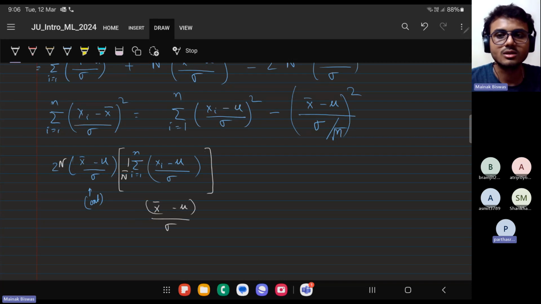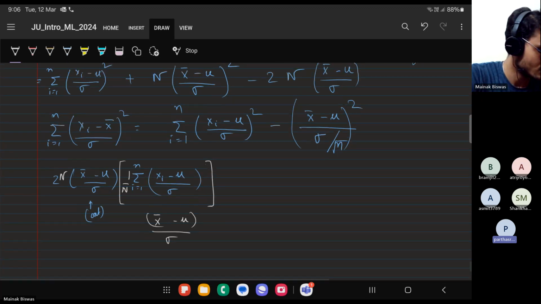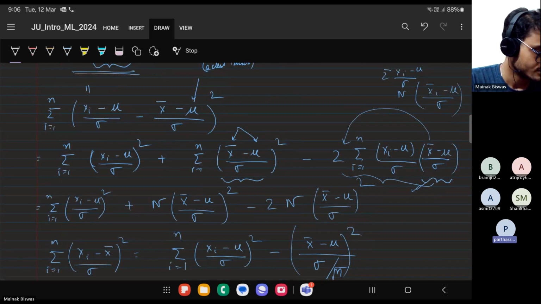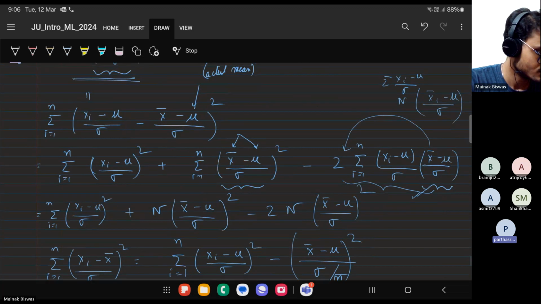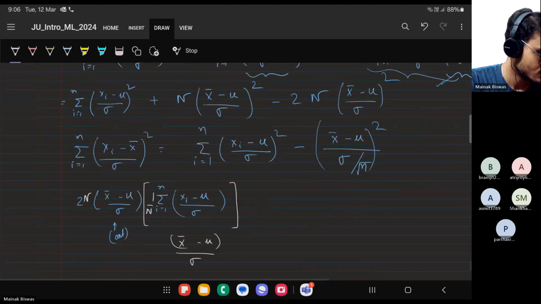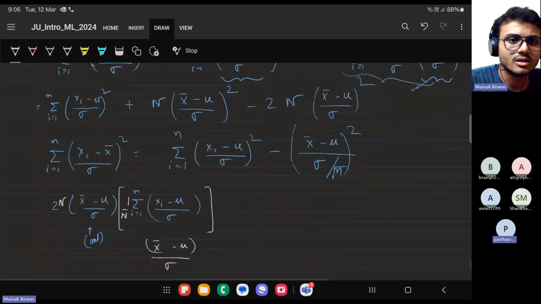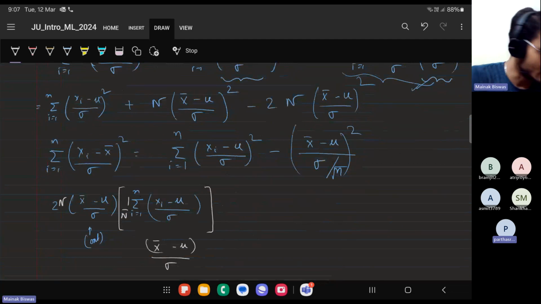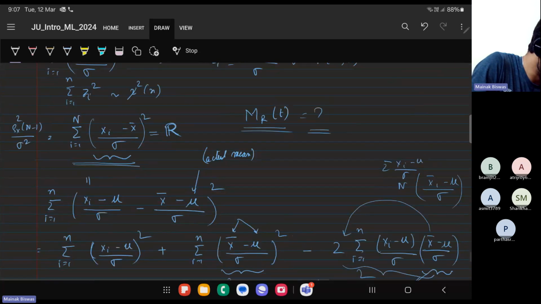So summation of (xi minus x bar) whole square by sigma whole square is equal to r.